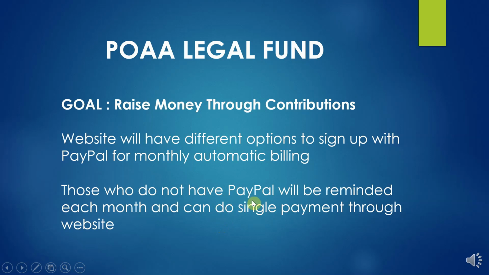Those who don't have a PayPal account, we could contact you every month, like say on the 15th, and just send you a reminder, and you could go to the website and do a one-time payment. Or what worked out last time too, people were post-dating checks.